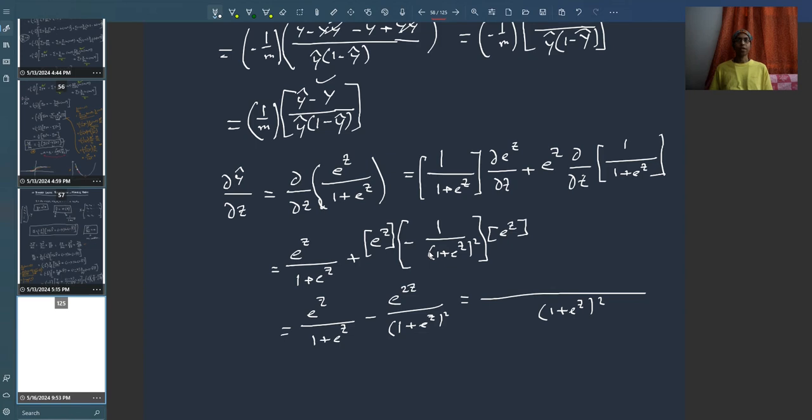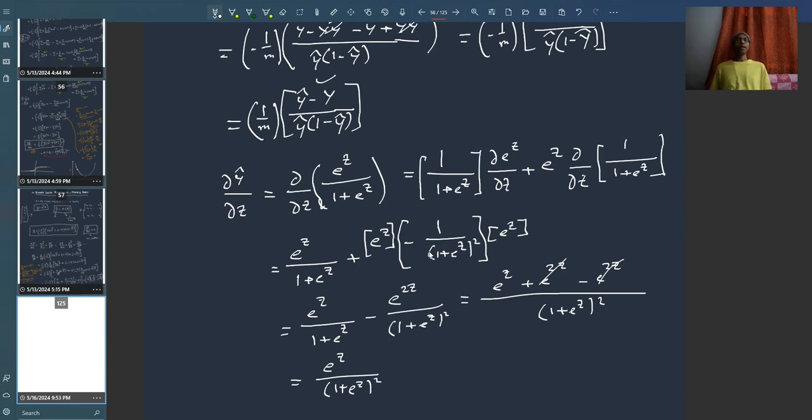On the numerator, it happens to be e to the power z plus e to the power 2z minus e to the power 2z. These two cancel each other. We have e to the power z by 1 plus e to the power z whole square.